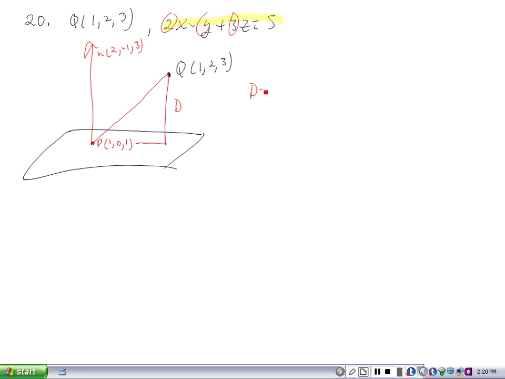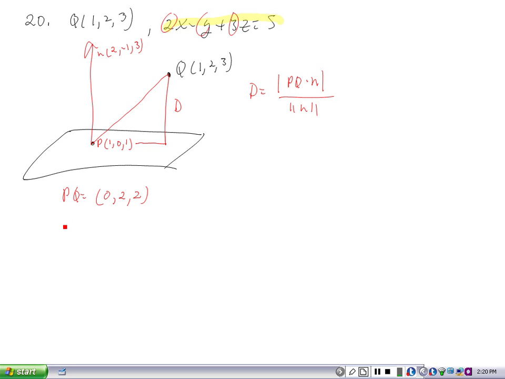And the formula that we're using is the distance is the absolute value of PQ dot n, that's the dot product, divided by the norm of n. So now we can calculate PQ. PQ is equal to 0, 2, 2.